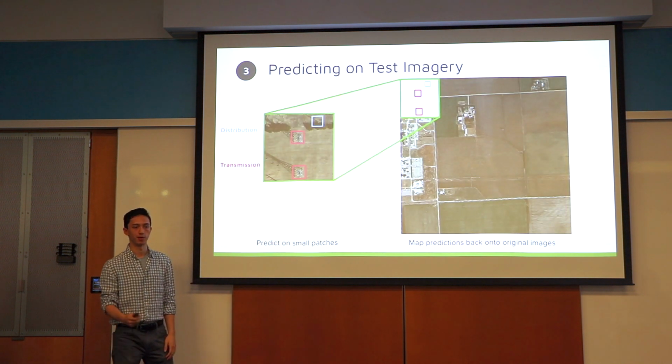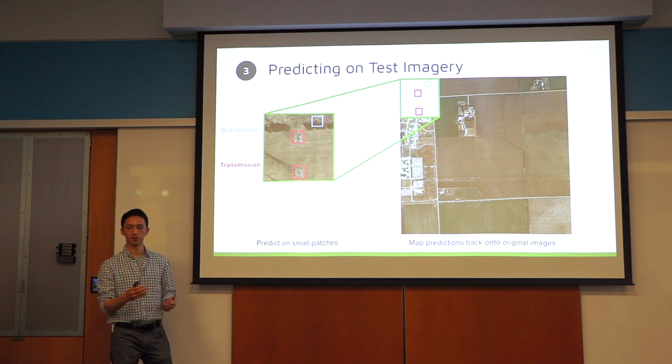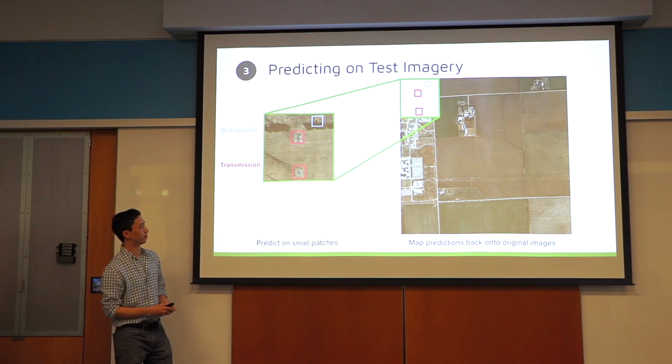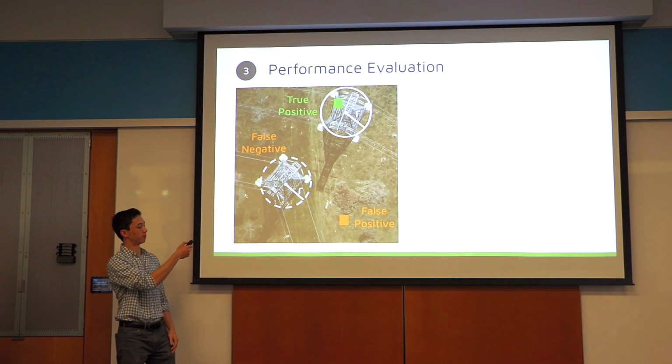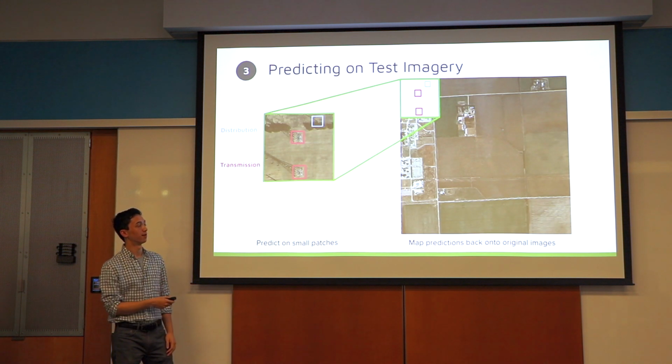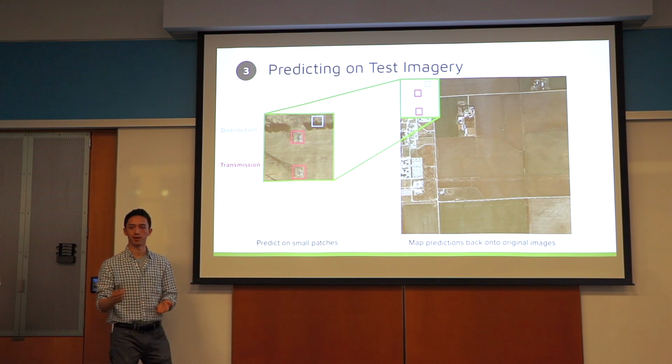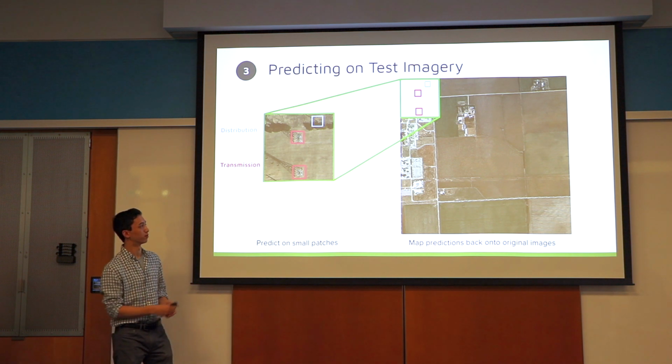So once we've trained the model, we can start to evaluate it to see how good of a job it did. I mentioned before that we had a set of test imagery, which is a bunch of images that we set aside from the beginning, and we intentionally did not train on this imagery so that the model will have never seen it. So when we test on it, it's a fair comparison. It doesn't have any knowledge from seeing it before. It's brand new.